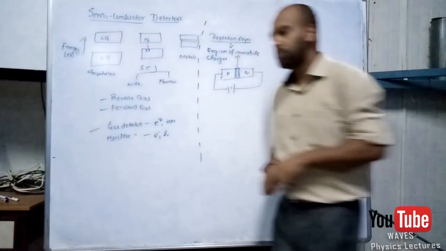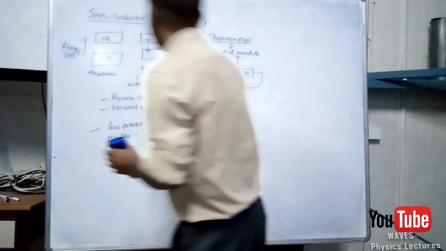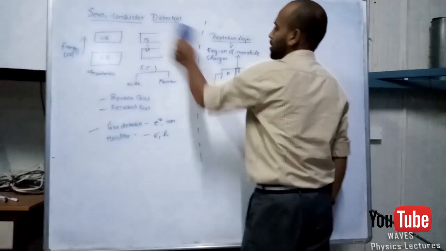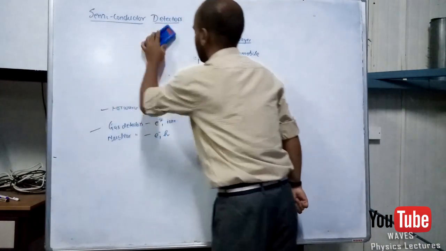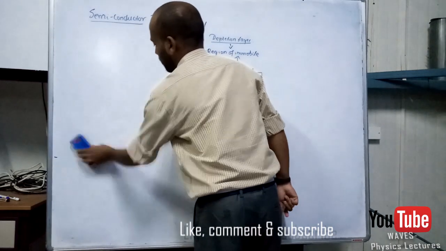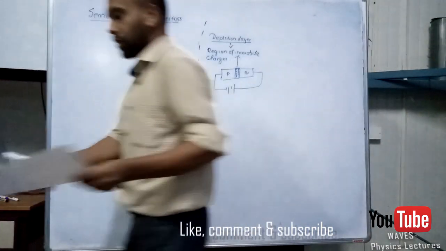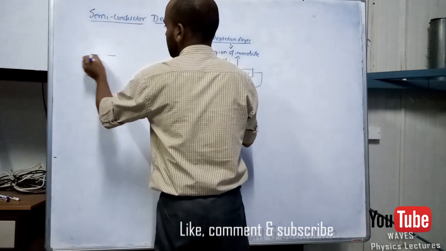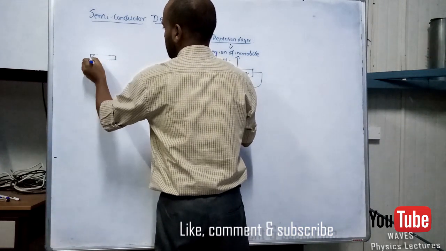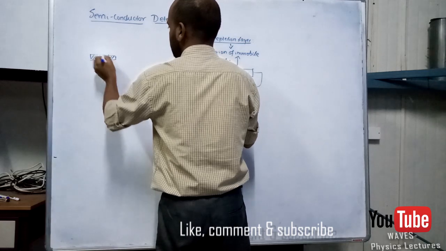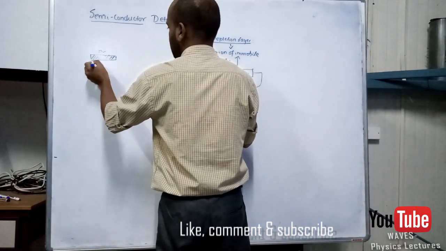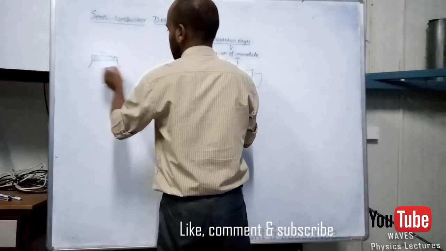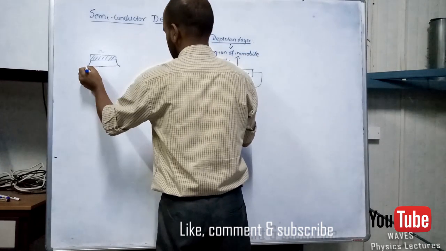Before we proceed, we can draw a bit of a schematic. It's not a very difficult diagram. I'm going to draw that figure, and then we will revisit whatever concepts we've just discussed. So what we have is a semiconductor. Let's say this is an N-type semiconductor, and let's say some design is there.